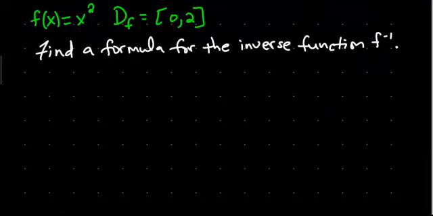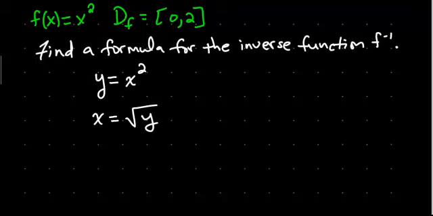Given the same situation, f of x equals x squared, and the domain is from 0 to 2, inclusive, find a formula for the inverse function. So when we find our inverse function, we always set f of x equal to y, so y equals x squared, and we solve for x. We take the square root of both sides, so we get that x equals the square root of y.